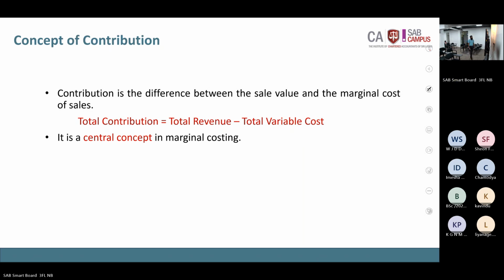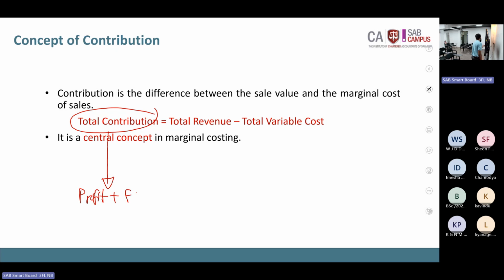Right? එතකොට මේ contribution එක ඇතුලේ මොනවද තියෙන්නේ? Selling price එකෙන් variable cost එක අයින් කරාම contribution එක. නම් contribution එක ඇතුලේ මොනවද තියෙන්නේ? Profit එකයි total fixed cost එකයි. Yes.